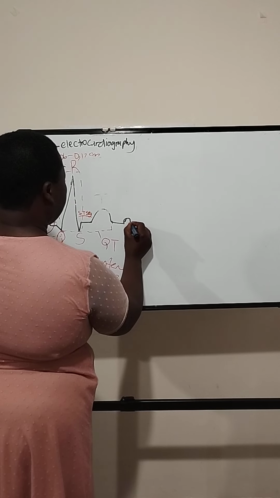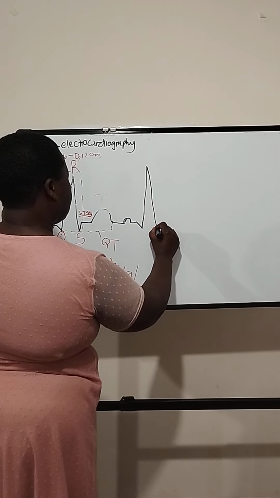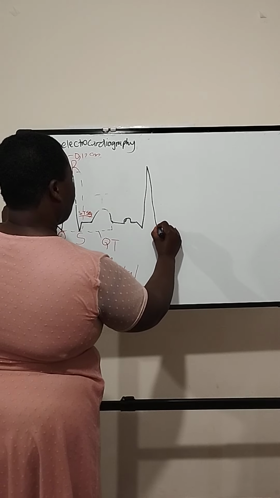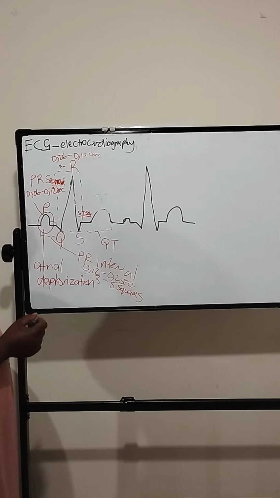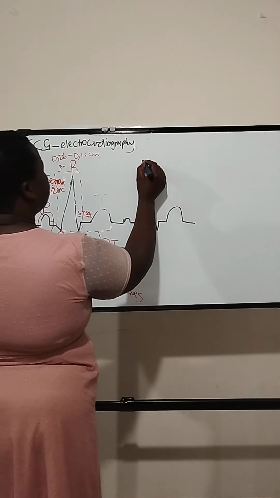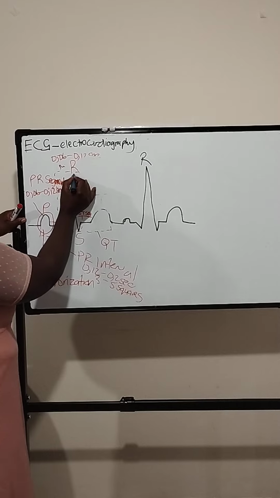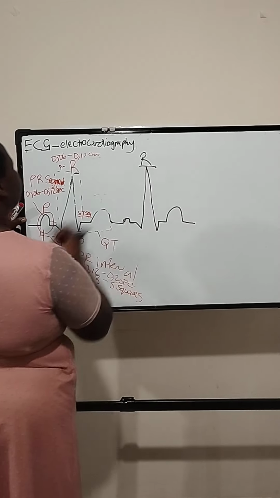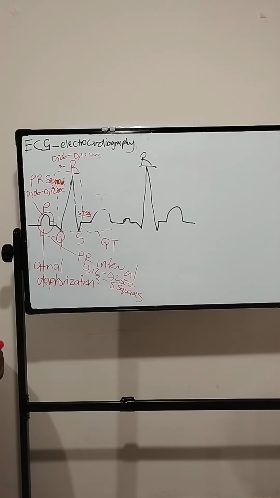Let's say this is P, Q, R, S, and T. Right. So you just take your ECG, you count the number of large boxes between this R and this R. Then the number of large boxes, you divide that into 300 to get the heart rate of the patient.